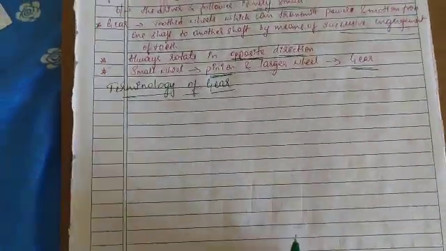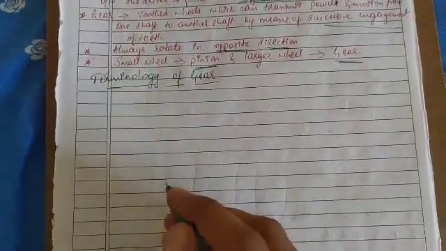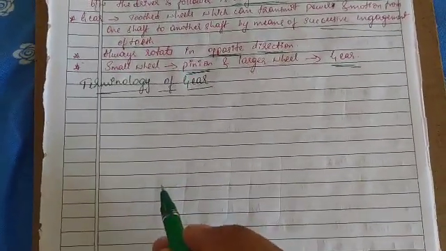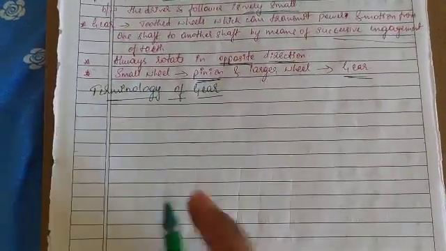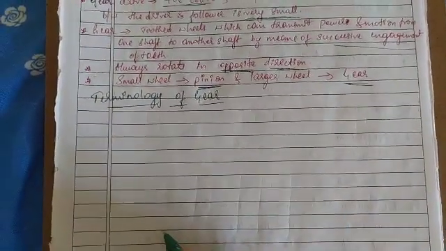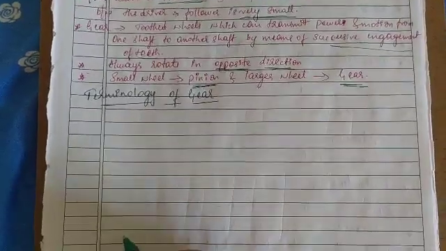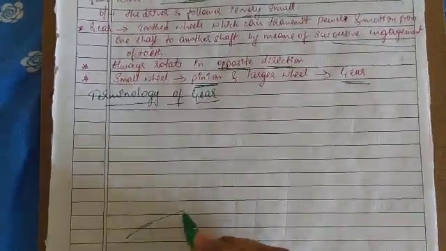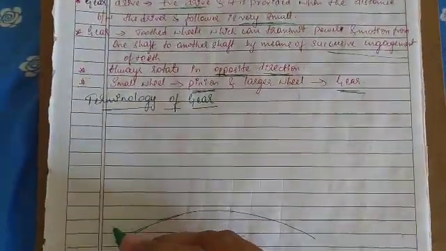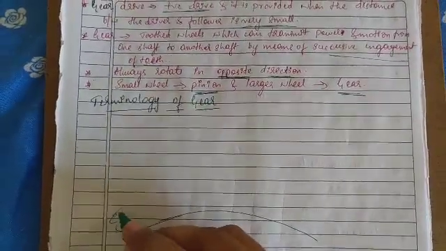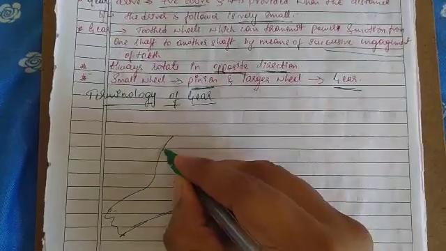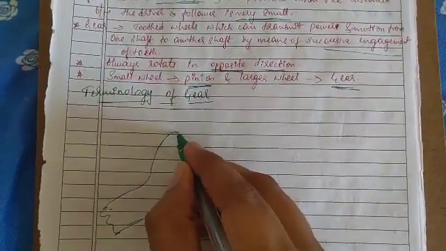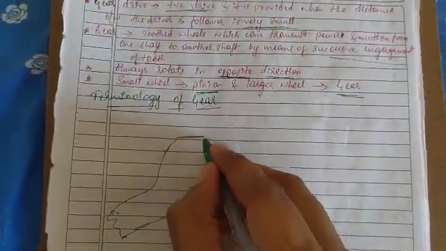Now I will write the terminology used in the gears by drawing the figure. Initially, first write down this one space. This is the flank.